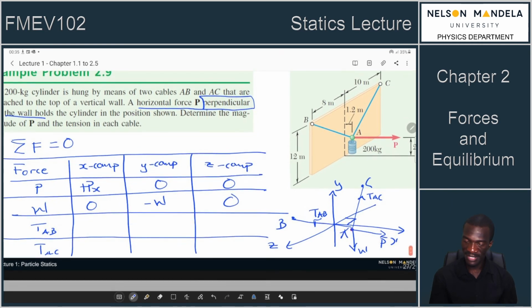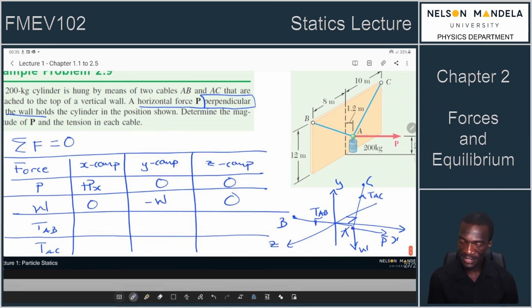Then TAB. TAB has an x component. What is that x component? For us to get the x component of TAB, obviously we need what? Lambda in the x. So that would be the tension, TAB, multiplied by lambda in the x. And is TAB in the x a positive or a negative?